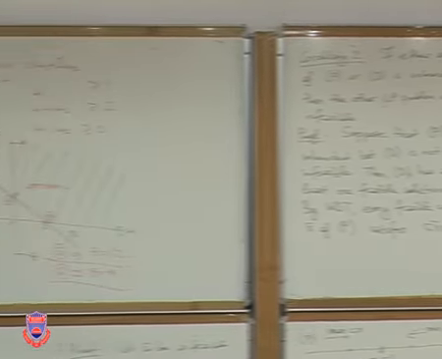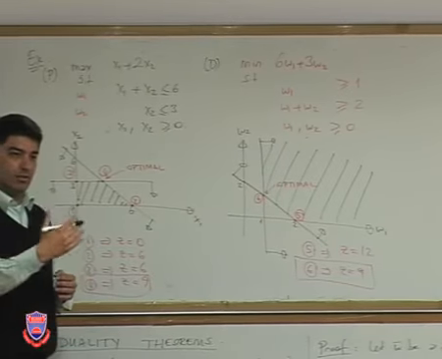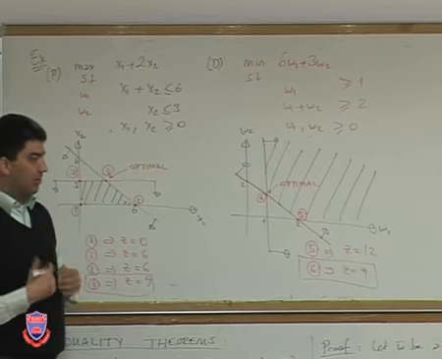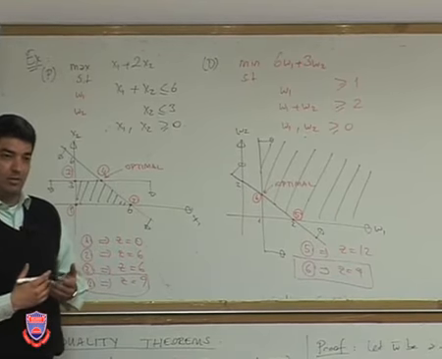Well, if the objective function value is bounded above, then it cannot go to infinity, basically, okay? And if it cannot go to infinity, then the problem cannot be unbounded.